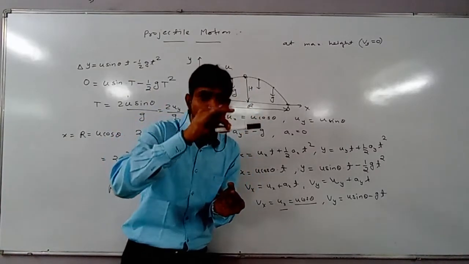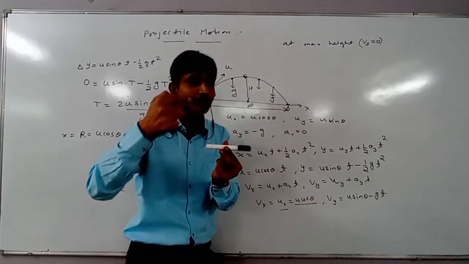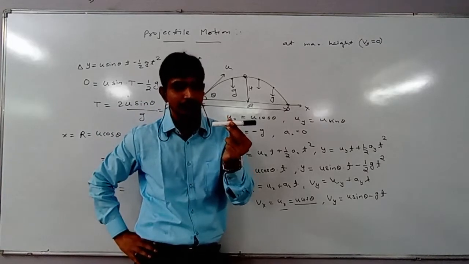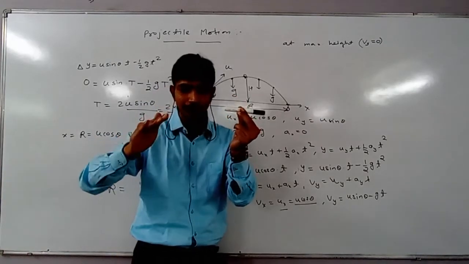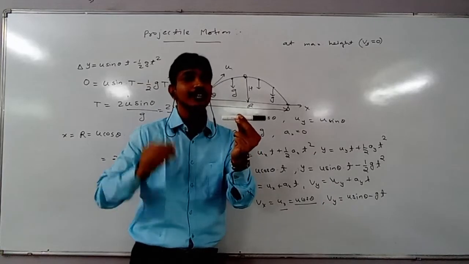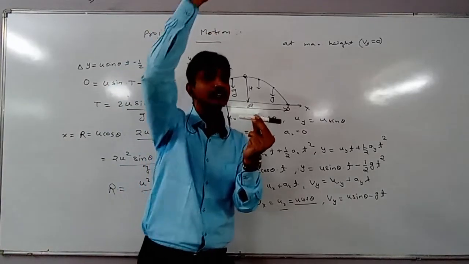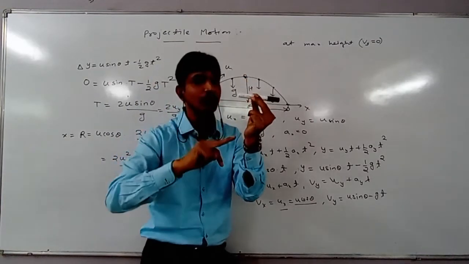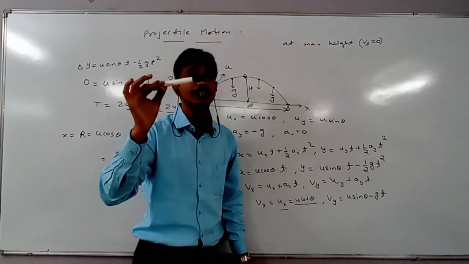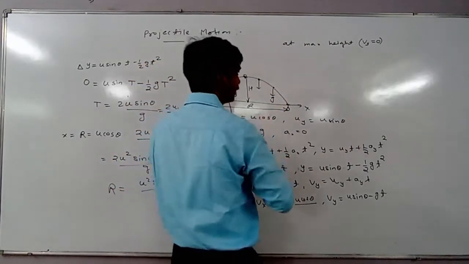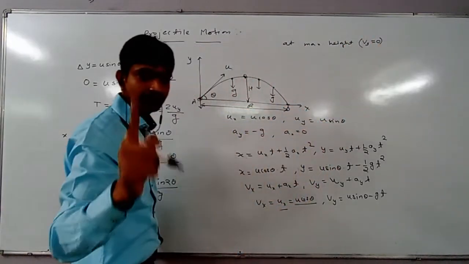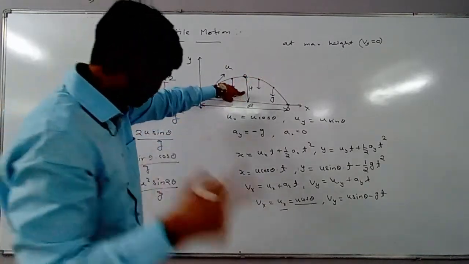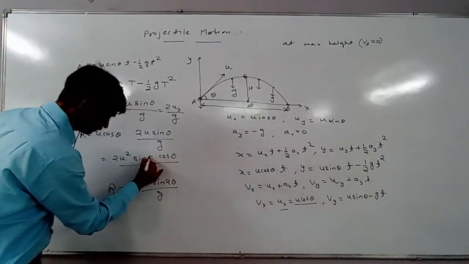If it is moving downwards, then maximum height has already been achieved. The point where it is neither moving upward nor moving downwards is the point where the height is maximum. So basically at maximum height, the vertical component of velocity becomes 0.